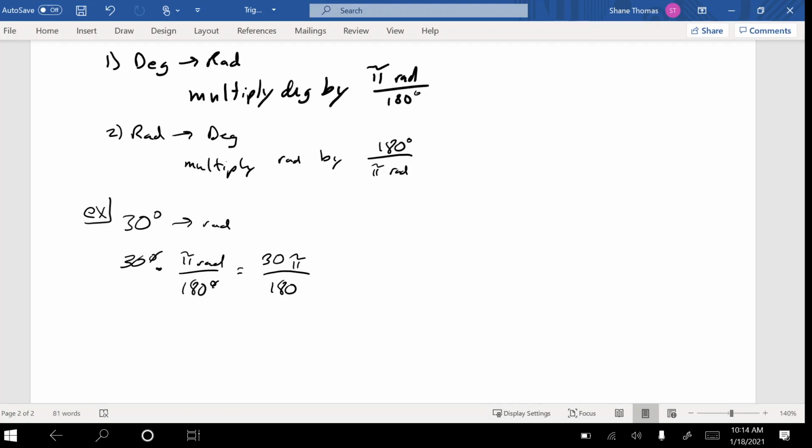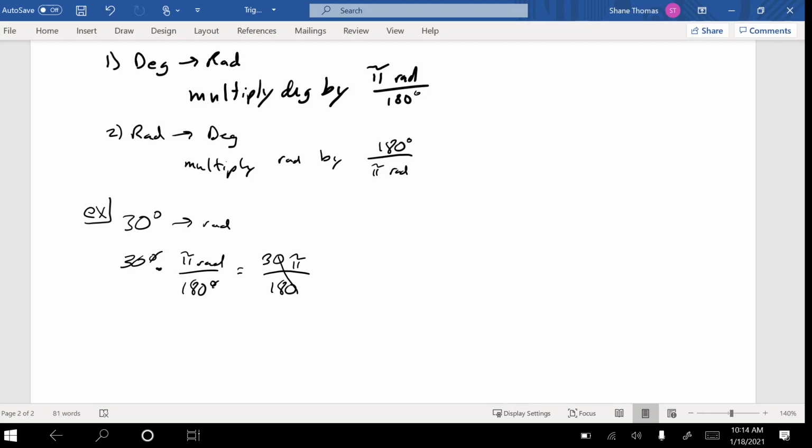This radians word, this pi rad, you really don't have to have the rad in there. If you see a degree mark, it's in degrees. If you see a pi, it's in radians. Easy enough? So I'm just going to drop the radian word. Now I have 30 over 180. Simplify that fraction.